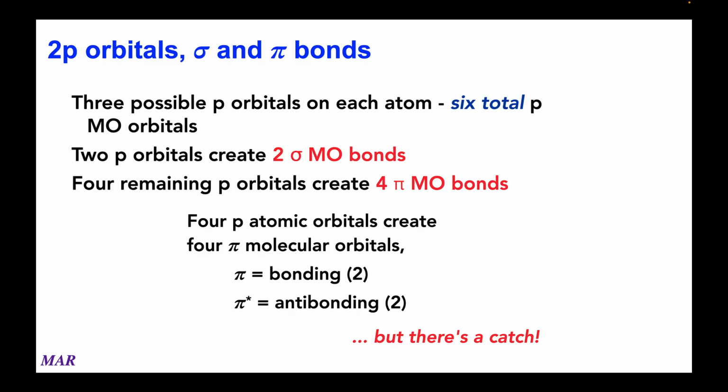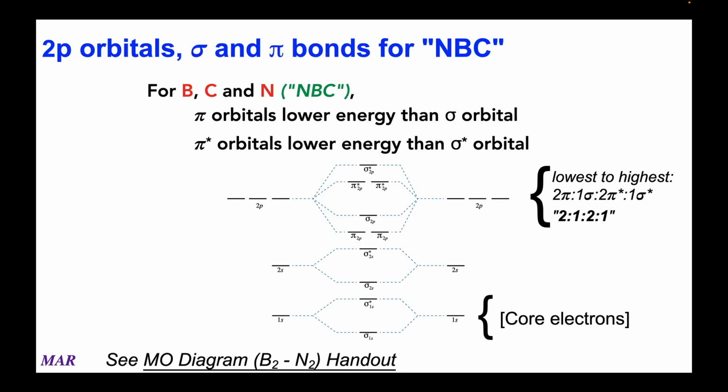So there's a little bit more of a pattern here, but it is a pattern that can be predicted. Unfortunately, though, there's a little bit of a catch, and it depends on where you are in the periodic table where this catch becomes relevant. So at this point, I'm going to refer to NBC and also, as we'll see in a little bit, phone, F-O-N-E. Now, NBC refers to atoms with boron, carbon, and nitrogen, NBC.